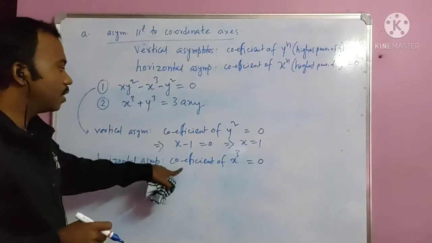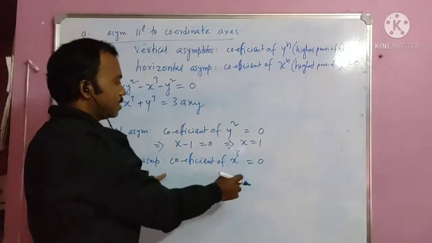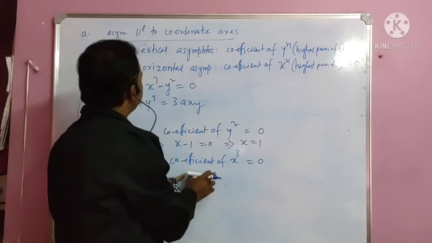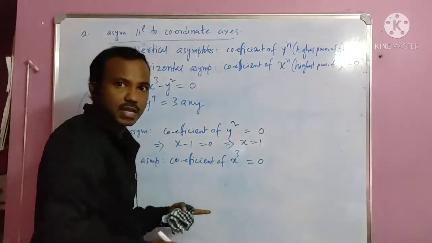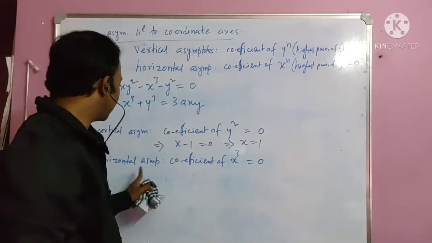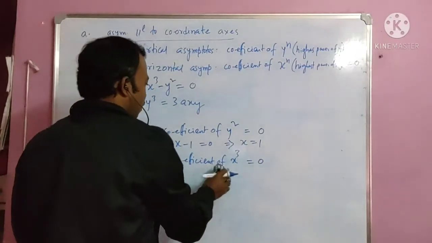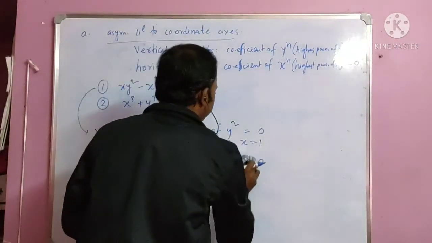If it has a constant coefficient, then this equation becomes a mismatch because it will give you minus 1 equals 0. That cannot happen. Therefore, we will say that there is no horizontal asymptote.